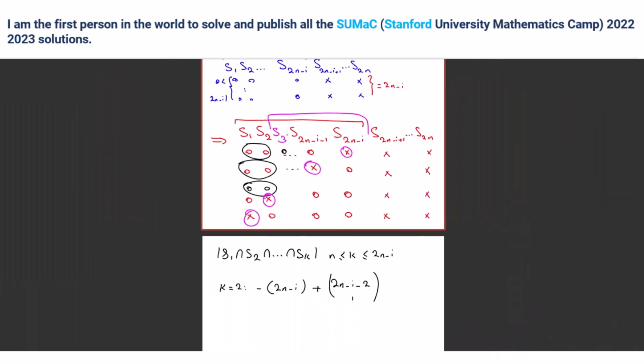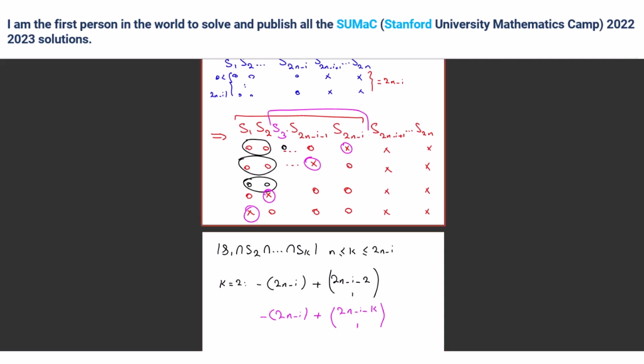It's still minus 2n minus I plus 2n minus I minus k, choose 1, and there's still one cross, right? So it's 2n minus I minus k, exactly one cross.